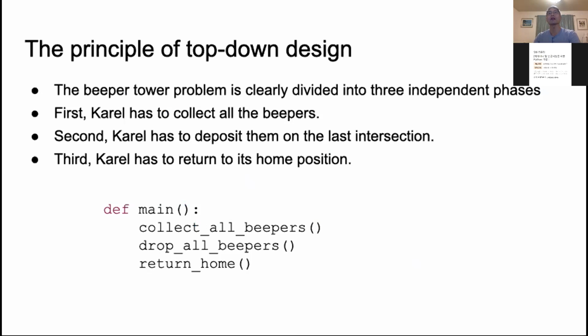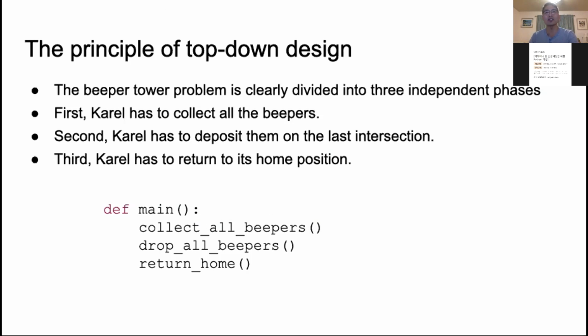As usual, this one has three parts: the import, the main, and the if __name__ is main, which calls the main function. So the first thing is we are going to use the top-down design approach.